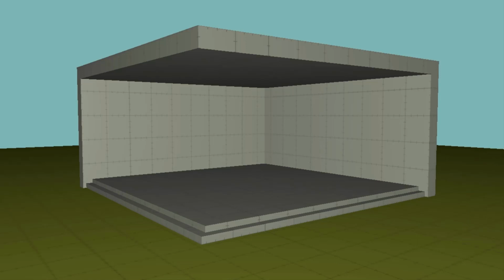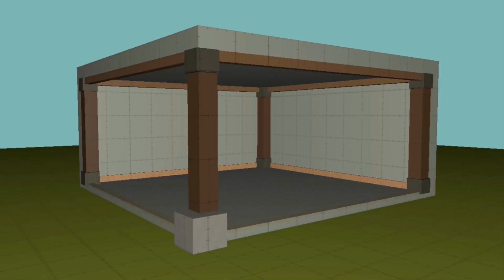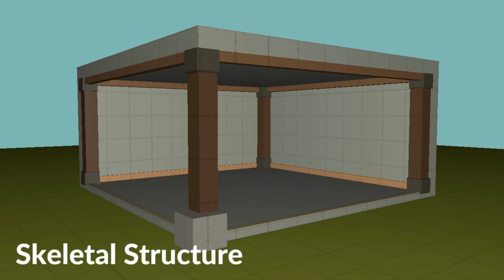But if we really wanted to go the other way and emphasize the structural skeleton of this room, we could put some columns in here. We could put some beams and baseboards along the outer corners. So this is emphasizing the skeletal structure of this volume.